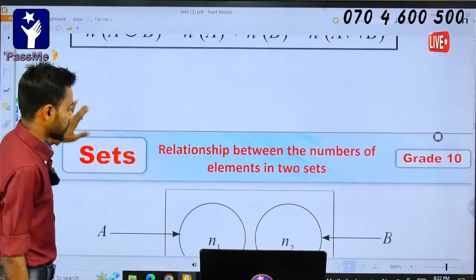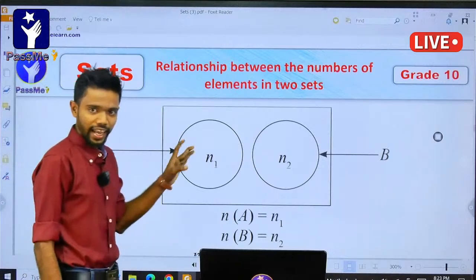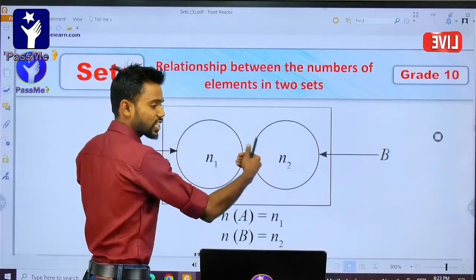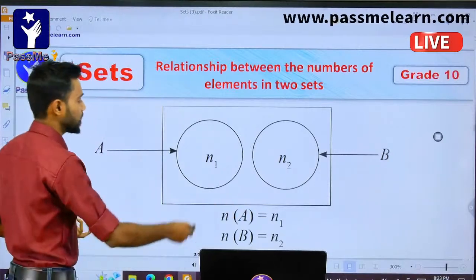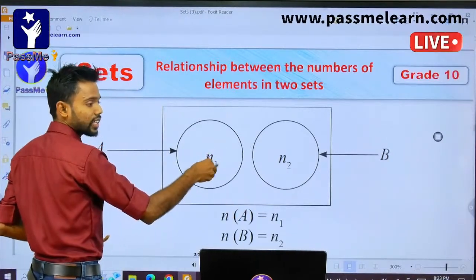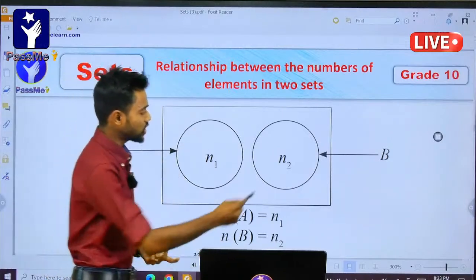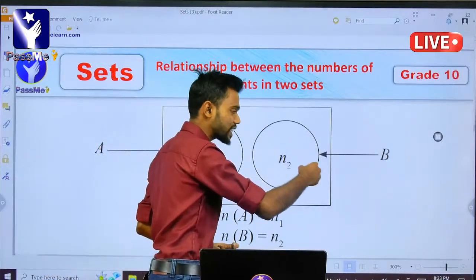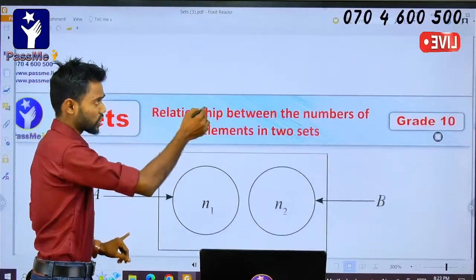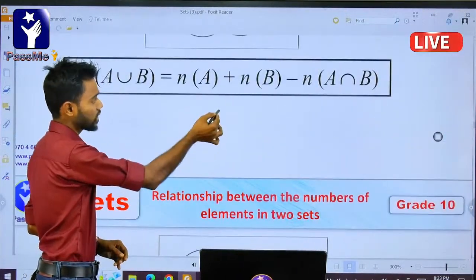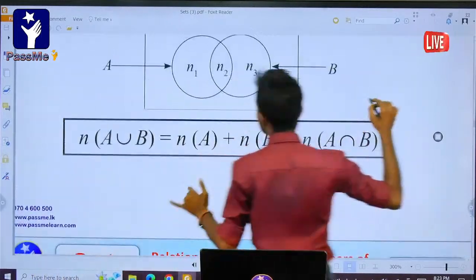If you change sets A and B in such a way that there is no common region for A and B, you can see n1 is the number of elements inside the capital A set, and n2 is the number of elements inside the capital B region. The previous equation we discussed can be rewritten in another form, such that there is no common region.